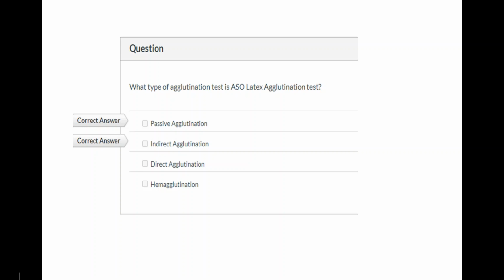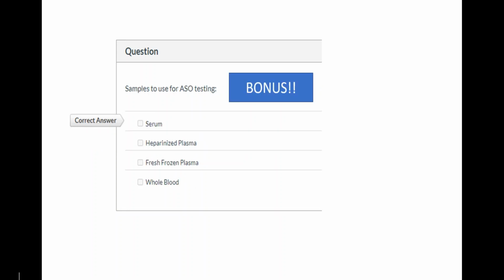It is not direct agglutination because direct agglutination uses antigens that are naturally incorporated to the carrier particle. But in the case of ASO, the antigen, which is the streptolysin O antigen, is synthetically incorporated to the carrier particle, which is the latex. This is not heme agglutination because there is no involvement of RBCs.